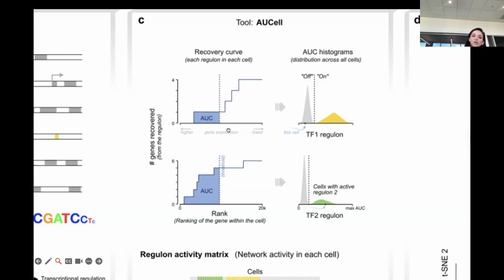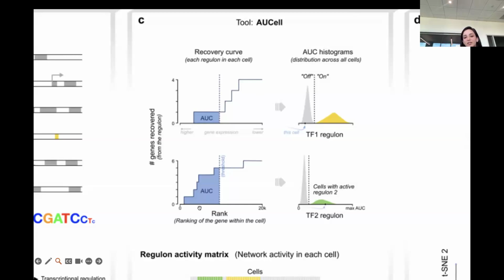The highly expressed genes are in the beginning part. Whenever you find a gene that is in the regulon, a target gene, you jump a step. So here there was only one gene overlapping with the highly ranked genes based on the expression pattern for this transcription factor, which is why they call it off.